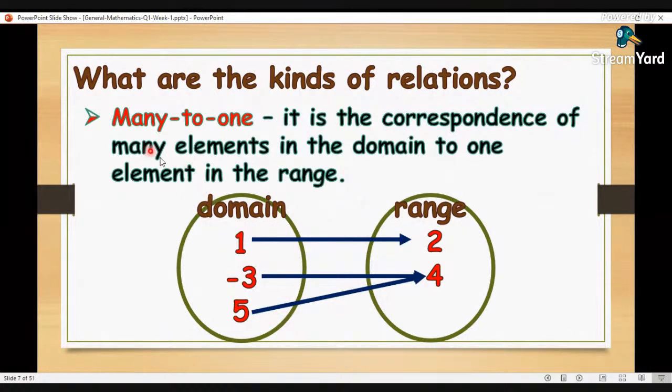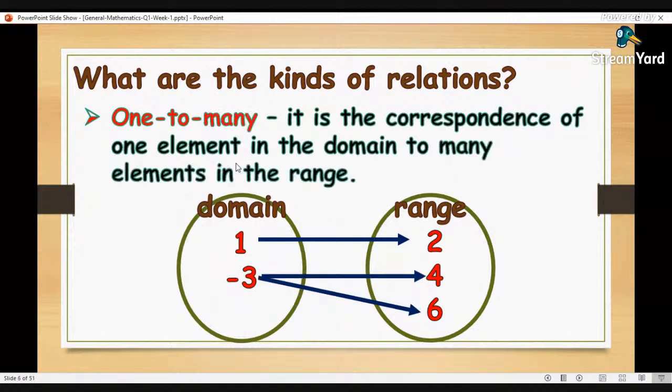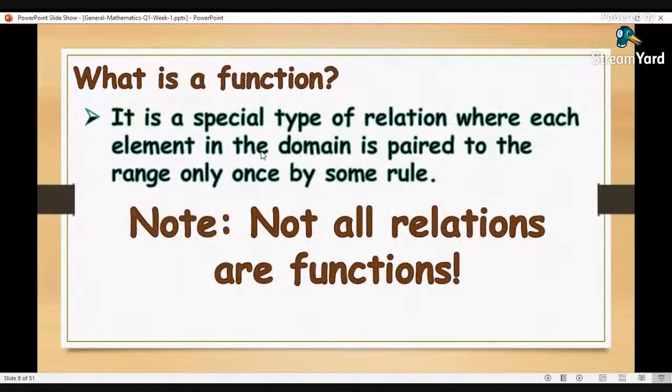So, a many to one relationship can still be considered a function. And one more thing, as long as there is only one arrow going out, 1 to 1, many to one, that can be considered a function. And one to many and many to many, of course, could not be considered functions.